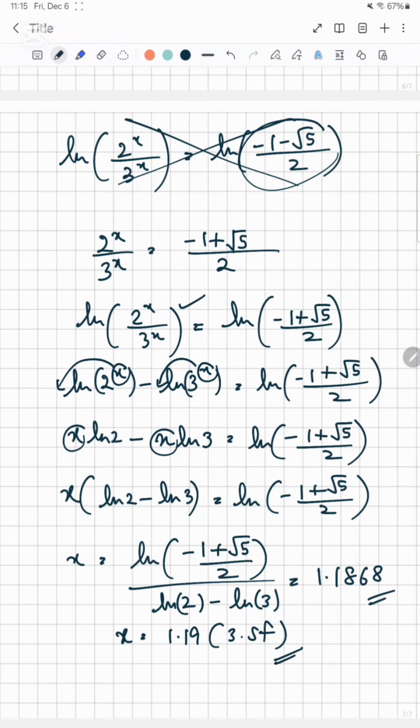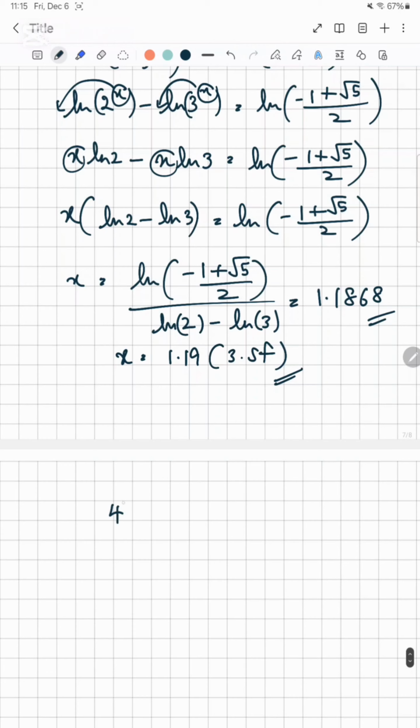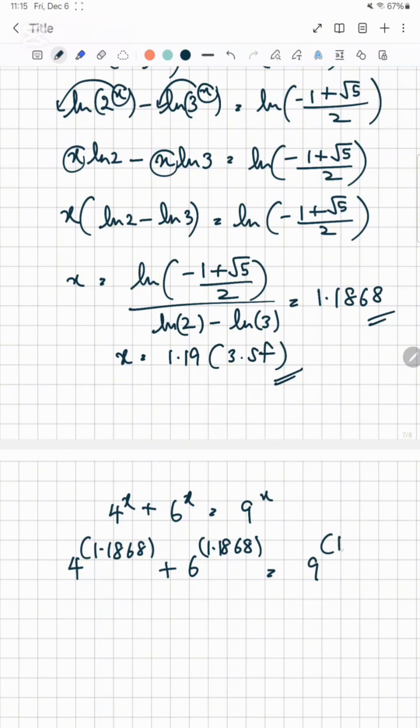We could check whether this is correct. We write our question again: 4 to the power x plus 6 to the power x equals 9 to the power x. So you can write 4 to the power 1.1868 plus 6 to the power 1.1868 equals 9 to the power 1.1868. You use your calculator for this one.